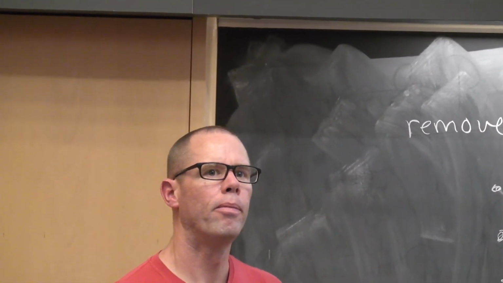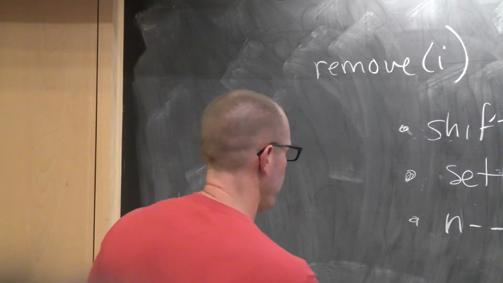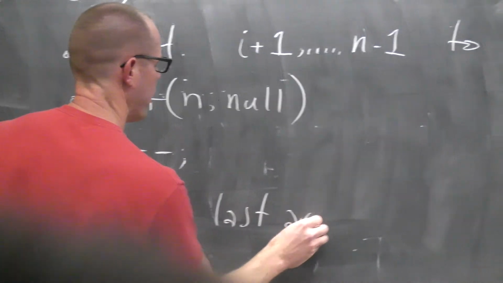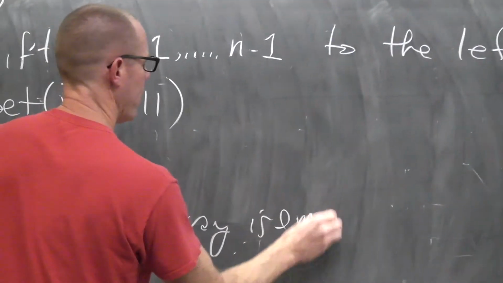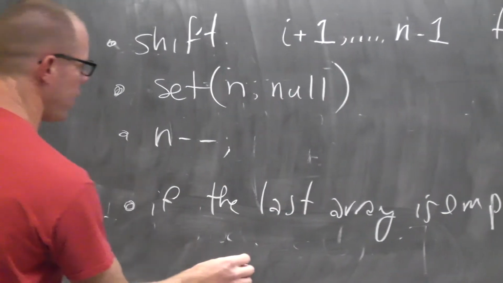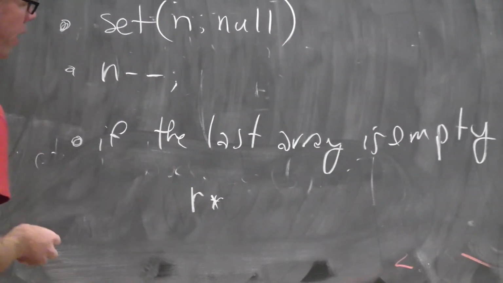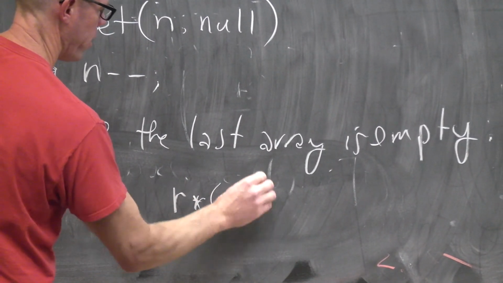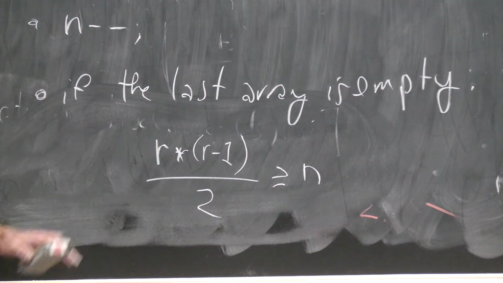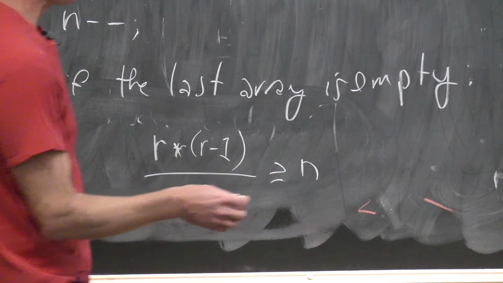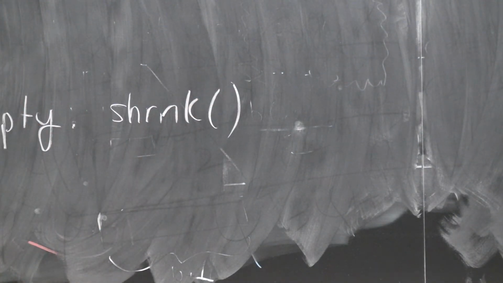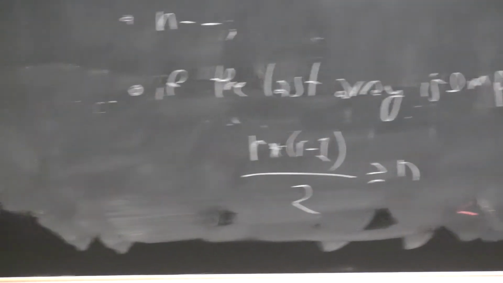Okay, so if the last array is empty, and that we can actually figure out by doing some calculation like, the last array is empty if r times r minus 1 over 2 is bigger than or equal to n. That would mean the last array is empty, something like that. So we can test this condition. And then we do something like shrink, which removes the last array. Is that a good idea?